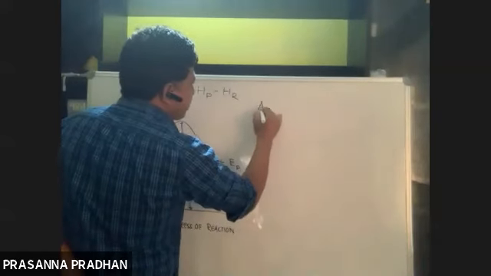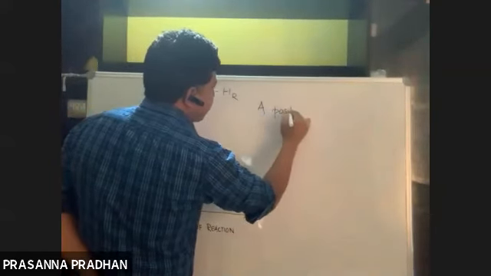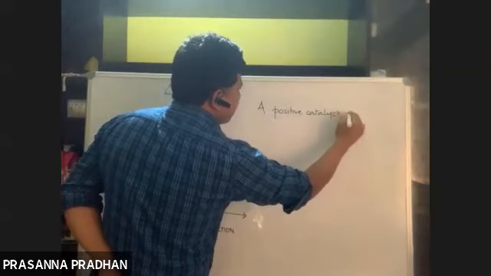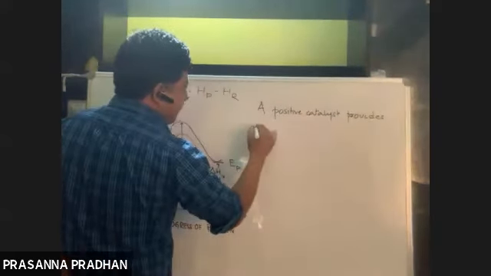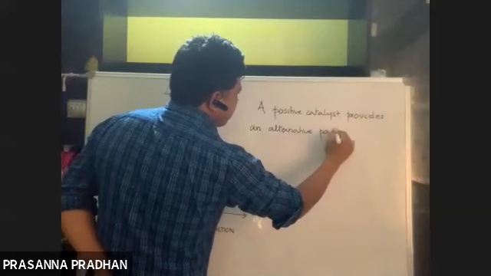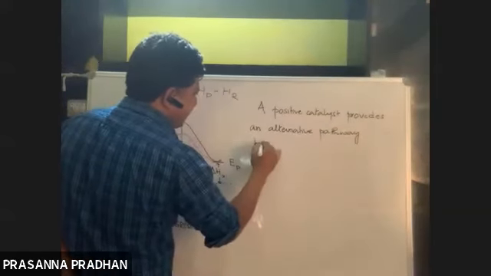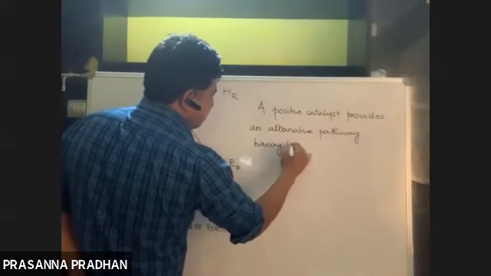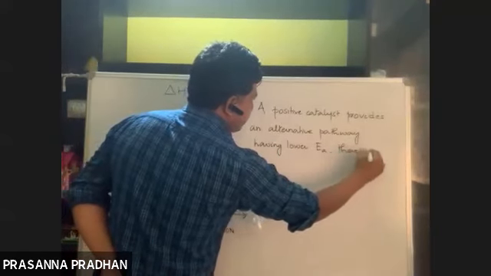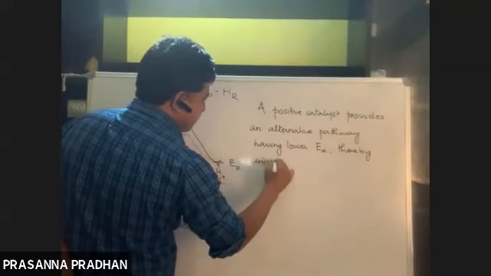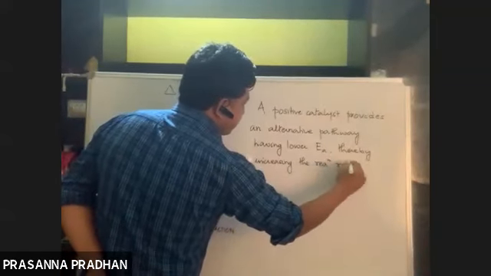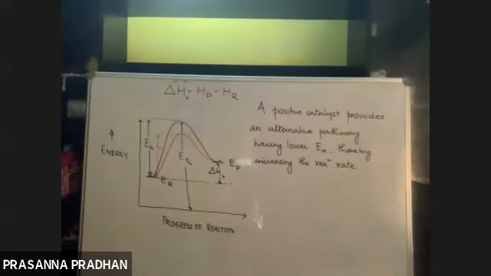So we can write down the answer: a catalyst, obviously a positive catalyst, provides an alternative pathway having lower activation energy, thereby increasing the reaction rate. So this is the explanation.